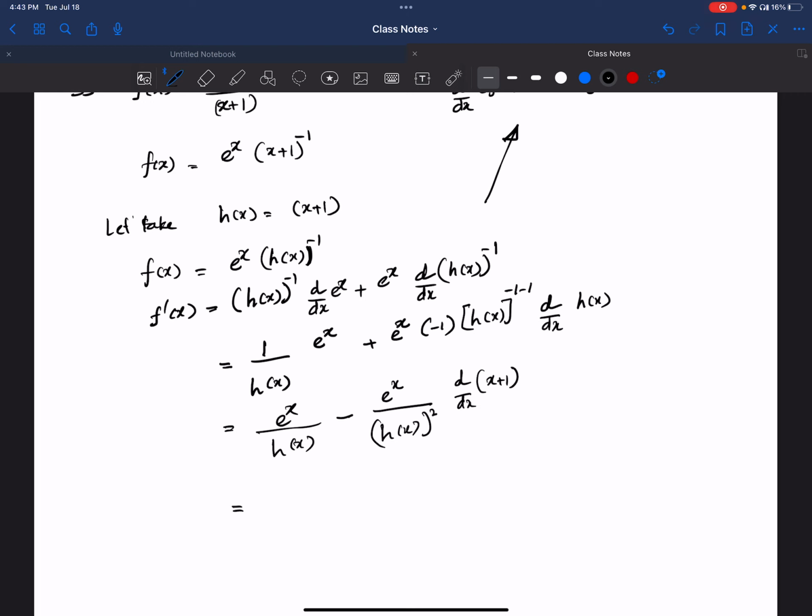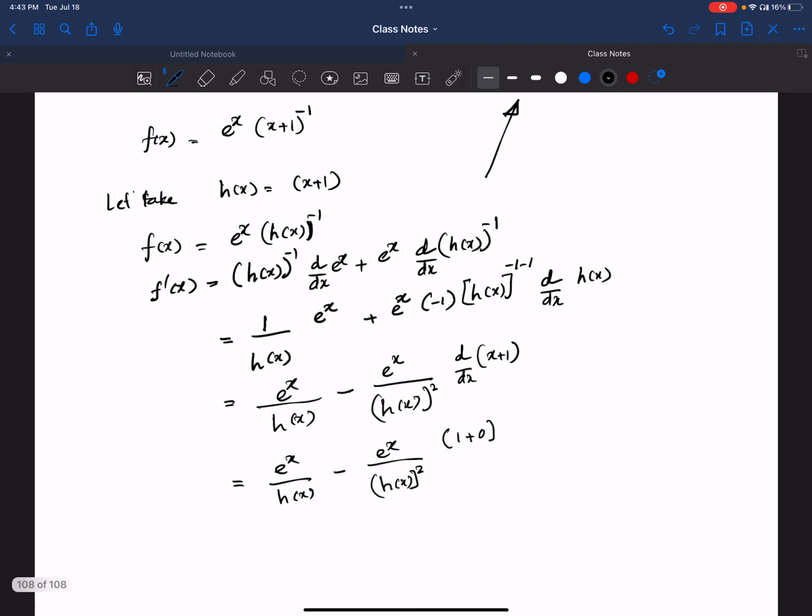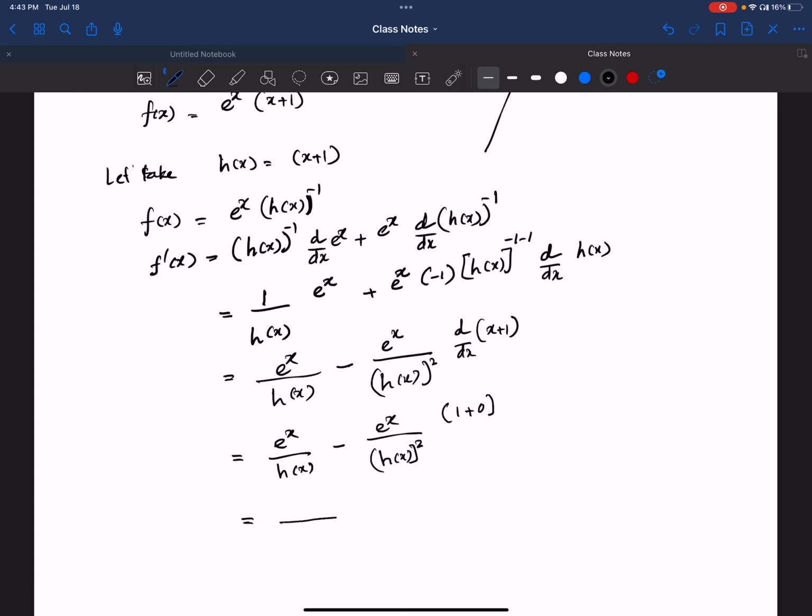So I can take e to the power x over h of x minus e to the power x over h of x squared, and then using the summation rule, this is 1 plus 0, right? So we have e to the power x over h of x minus e to the power x, this is just 1.